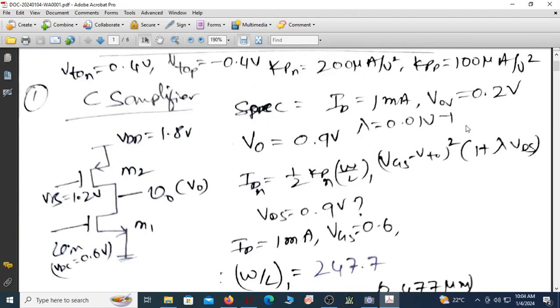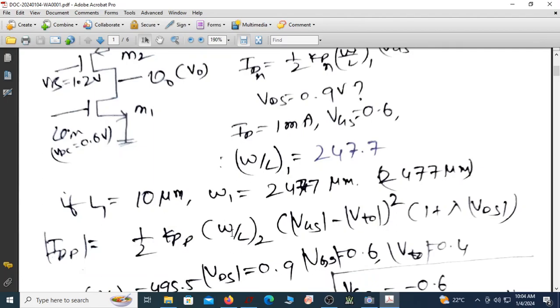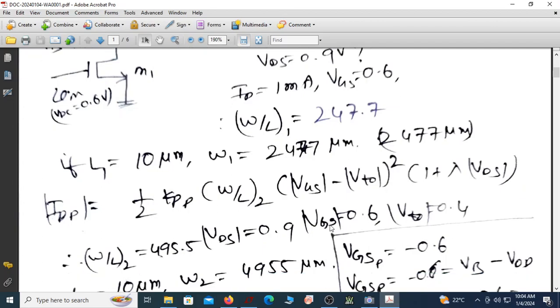What we are trying to find is W by L of 2, and VGS magnitude minus VTO magnitude is again 0.2, so these magnitudes are 0.6 and 0.4. Lambda is also 0.01 and VDS is 0.9 volts.